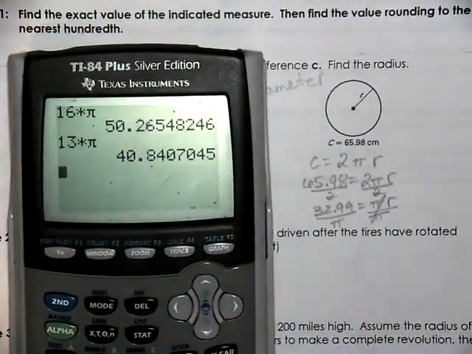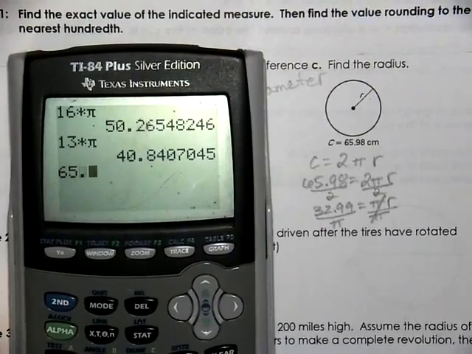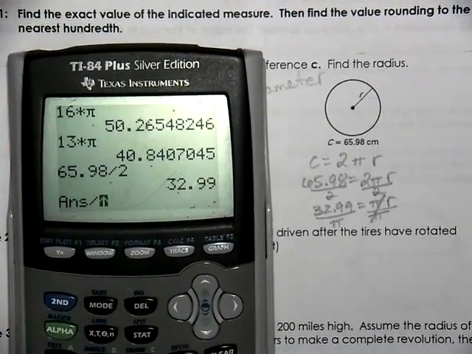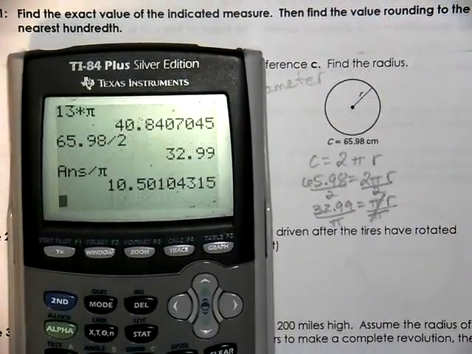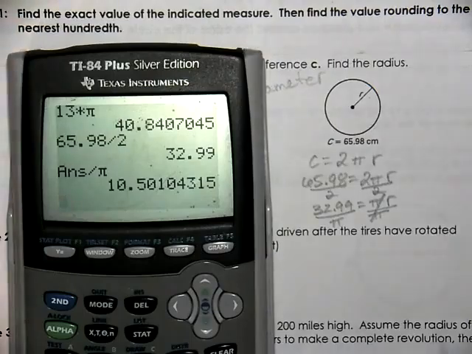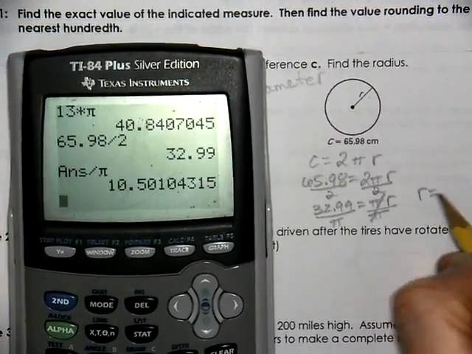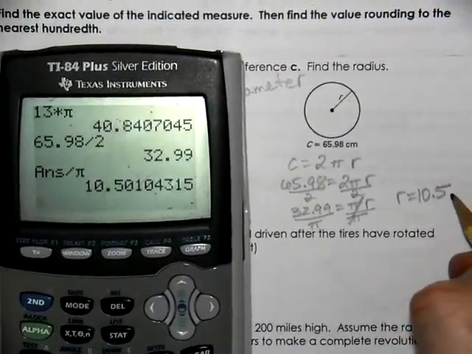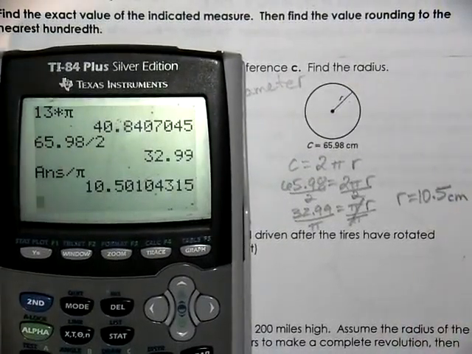But if we want to know the decimal version, we could take 65.98, divide that by 2, that's where we get our 32.99, and divide that again by the pi to get our 10.5. So the radius equals 10.5, and those units are centimeters.